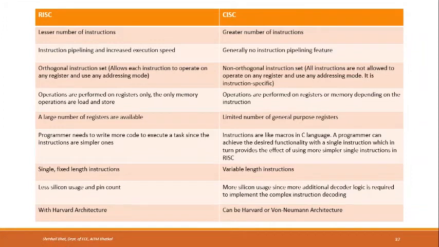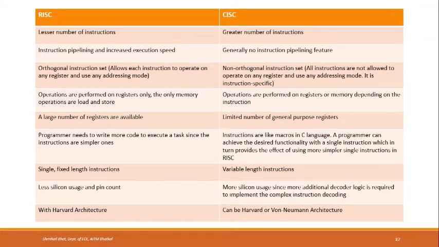Then another difference is that in RISC, there is an orthogonal instruction set. What we mean by orthogonal instruction set is that any addressing mode can be used for any instruction. It allows each instruction to operate on any register and use any addressing mode. Whereas in CISC, it is a non-orthogonal instruction set. That means all instructions are not allowed to operate on any register and use any addressing mode.